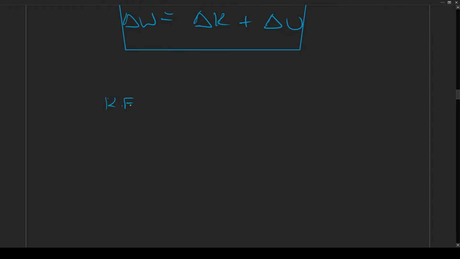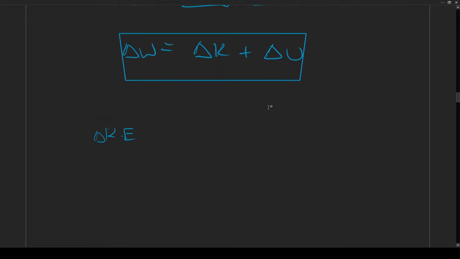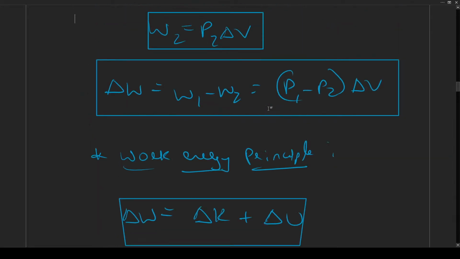Let's find K1 first. K1, the kinetic energy at position 1, is equal to half m v1 square. Now mass is equal to rho V, or rho delta V.